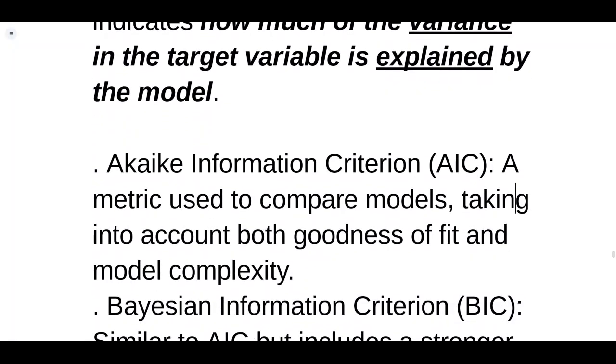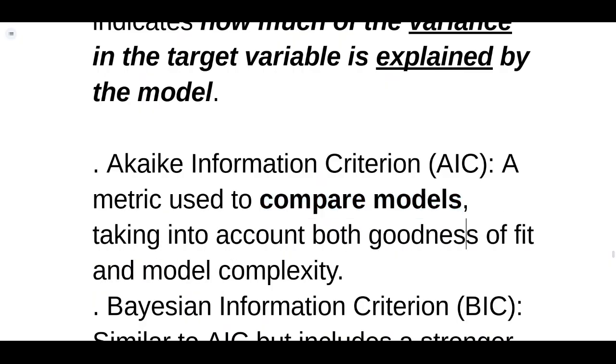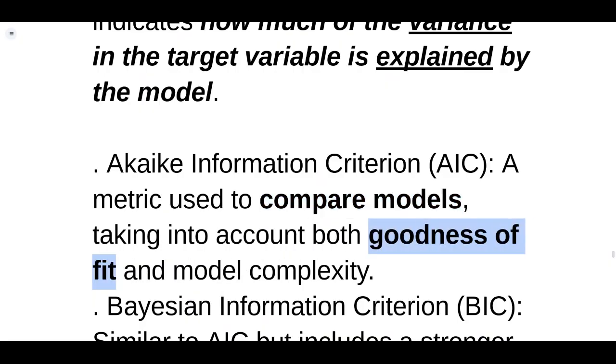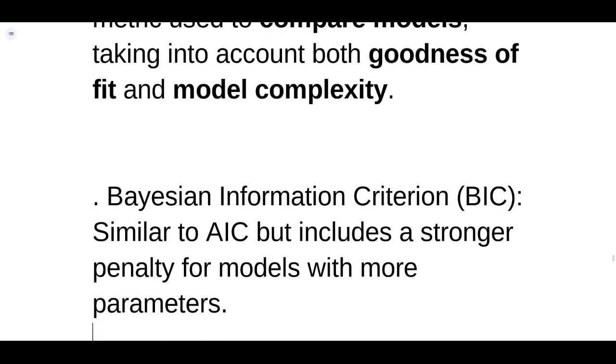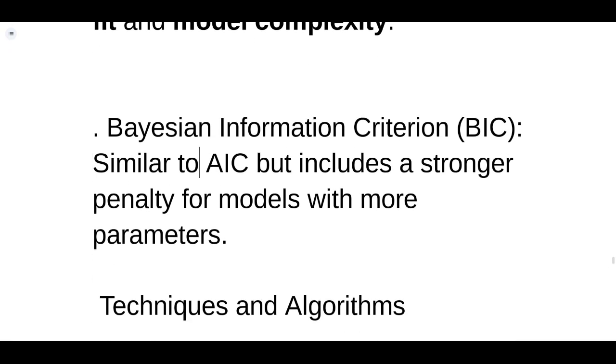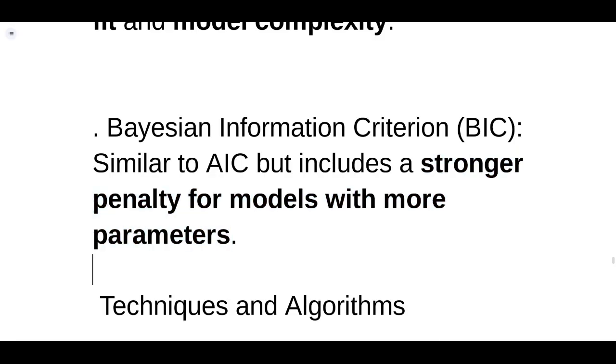Now, Akaike information criteria, a metric used to compare models, taking into account both goodness of fit and model complexity. So very important. Bayesian information criteria, it is similar to AIC but includes a stronger penalty for models with more parameters.